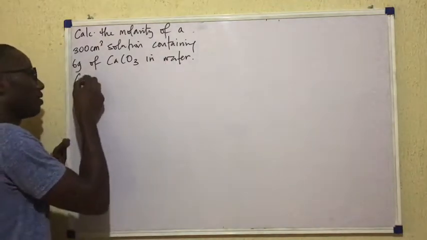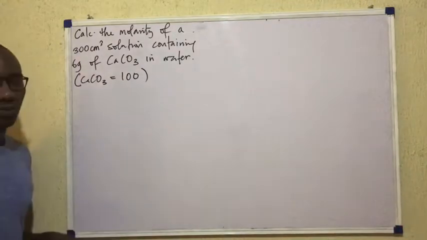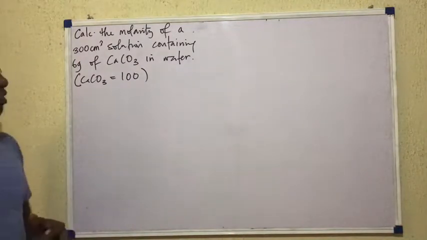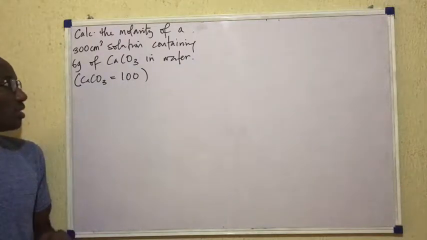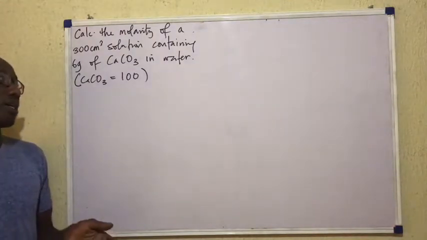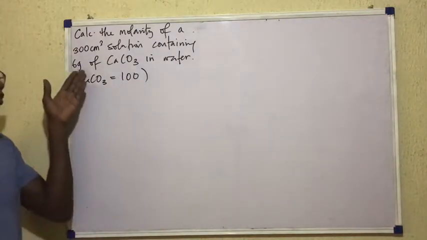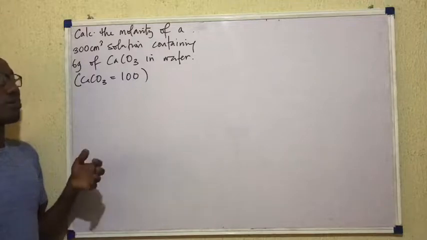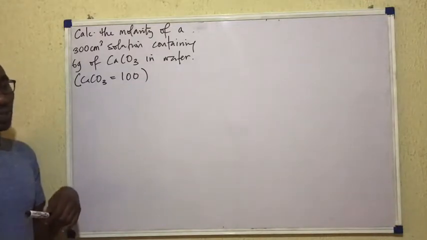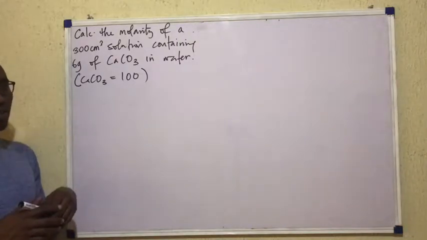Then we are given CaCO3 equals 100. Now, typically, calcium carbonate is insoluble in water, but however that happened, we've been told that 6 grams of it was dissolved in water to give a solution whose volume was 300 cm cube.